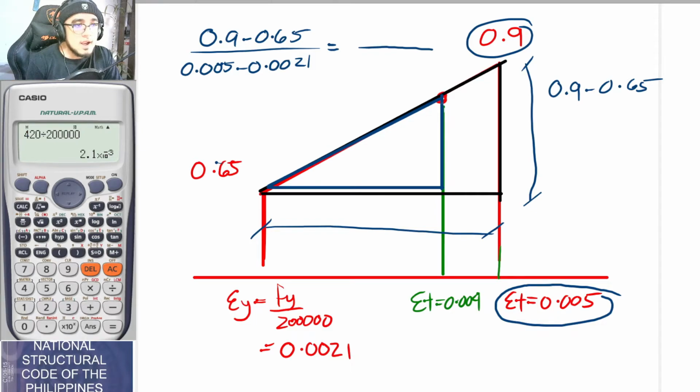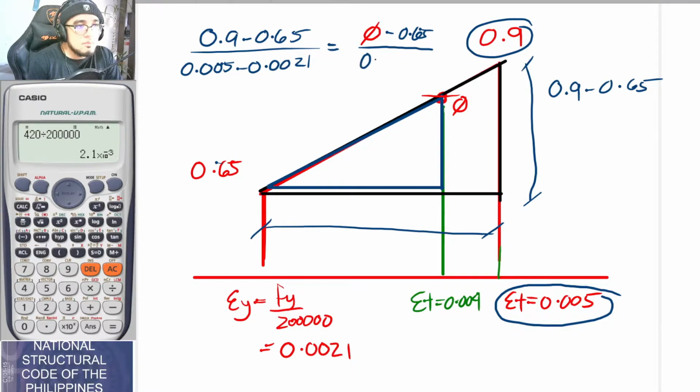If this is your phi, which is this value, that is equal to phi minus 0.65, because we are only getting this part, divided by this run, which is 0.004 minus 0.0021.